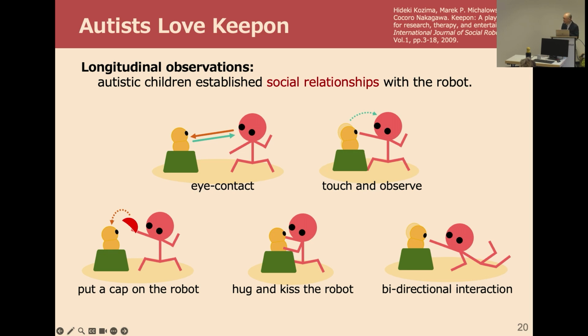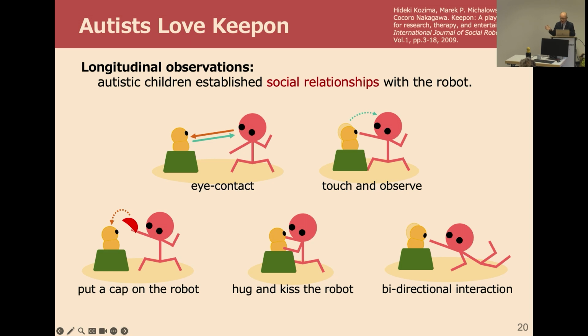But shortly after that, the child put a cap on the top of the head of the Keepon, for example, and usually, as I told you, ASD children don't do this kind of thing to a real person because the real person is so unpredictable. It's a fear. And then hug, kiss, and bidirectional interaction.